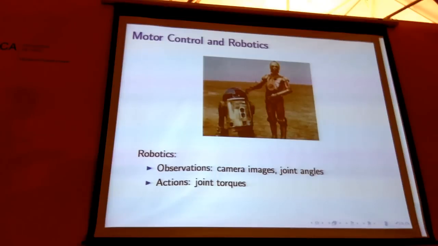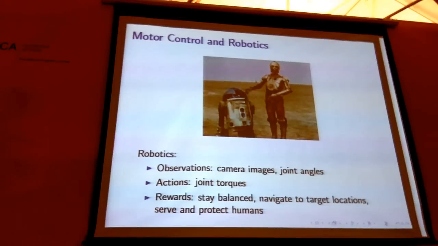That's a very low-level kind of control, but if you want to take it to the extreme, those would be the actions. And the rewards would obviously depend on the task. For example, if you're doing locomotion, the reward function would encourage it to stay upright and balanced and navigate to target locations. But who knows, there are all sorts of possibilities.